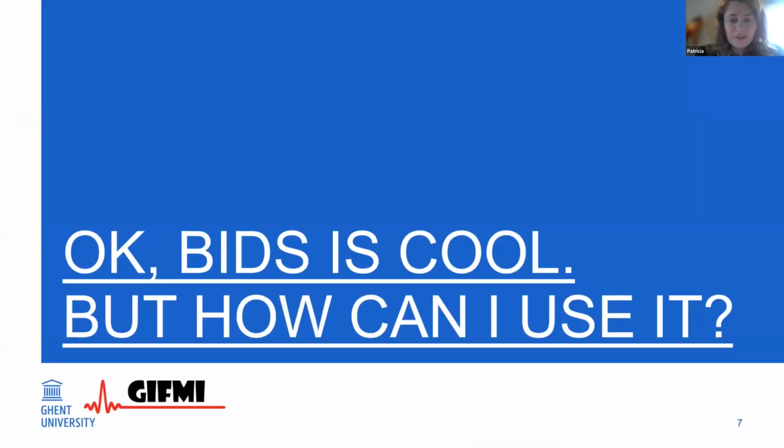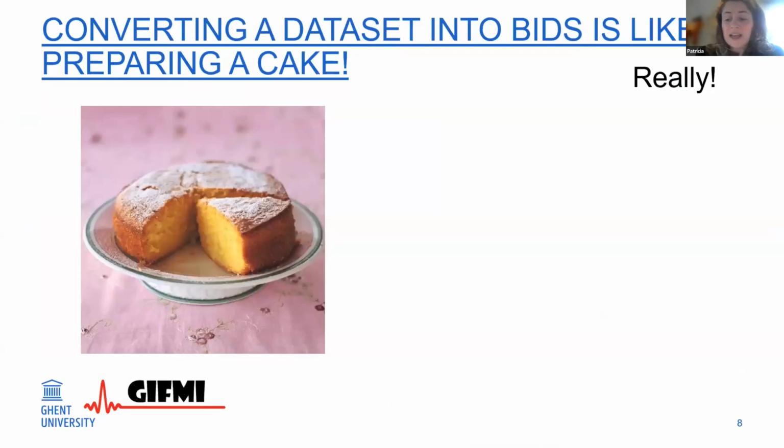So I think you all understand why BIDS is very important and very much needed to avoid this kind of situation. But the question is, how can we use it? A lot of researchers I've been talking to say, okay, I'm very interested, but I have no clue where to start. And I usually say, well, keep it as simple as possible. It's like when you want to start baking cakes and you want to become a very great cake baker, you have to start with the simplest cake of them all. It's the same for your BIDS data set.